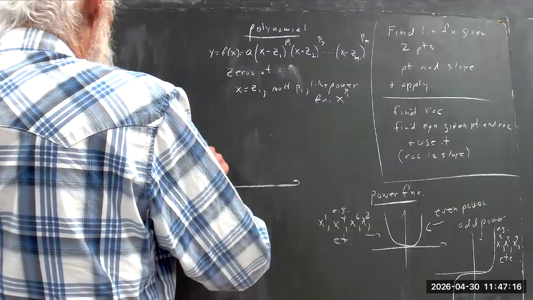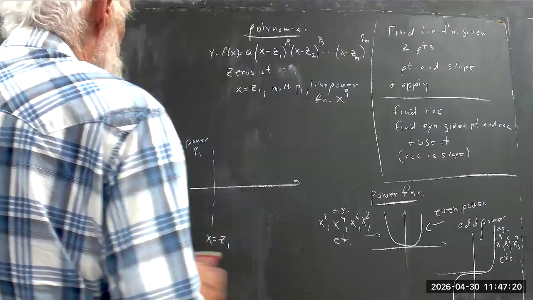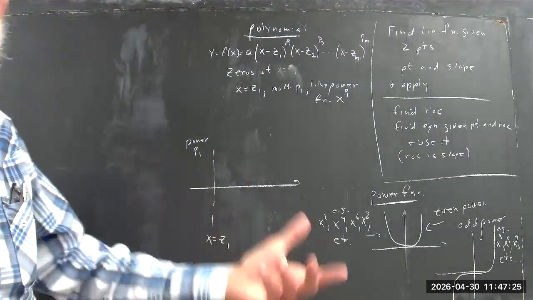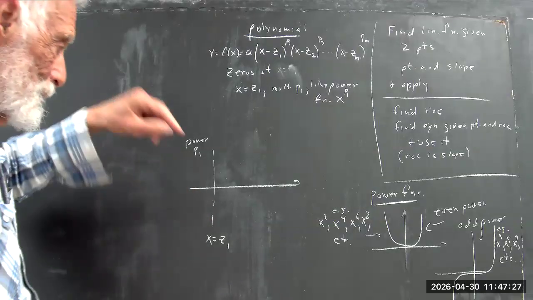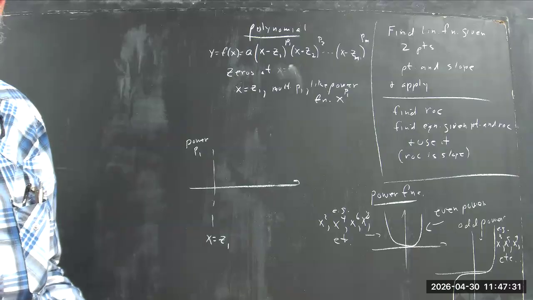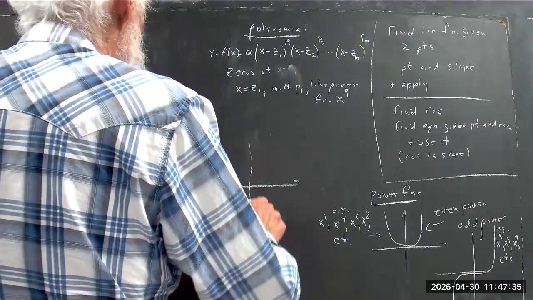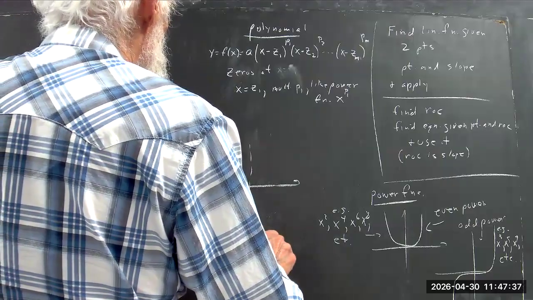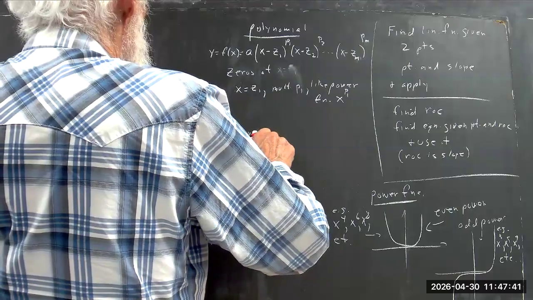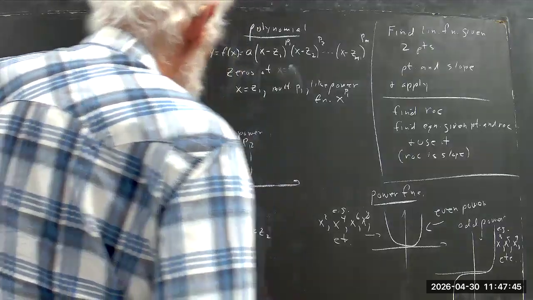Make a little note that it's power p1, whatever it is. If z1 is negative 12 and the power is 5, then it's going to act like a fifth power. And then we have x equals z2, power p2.